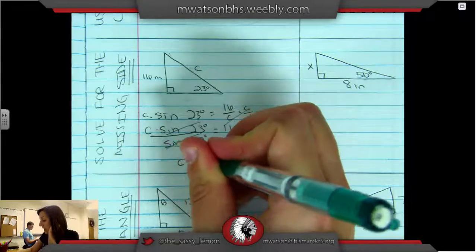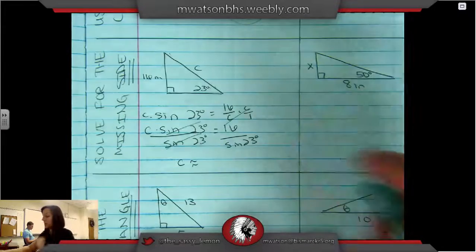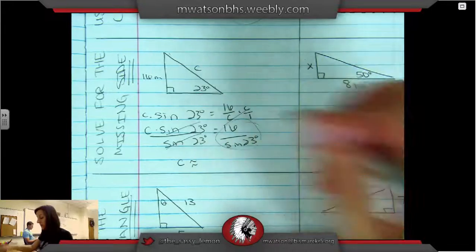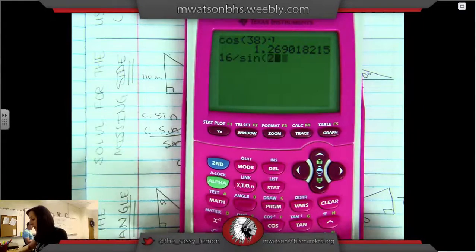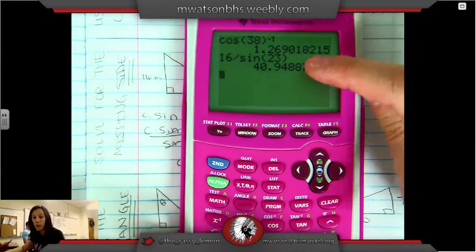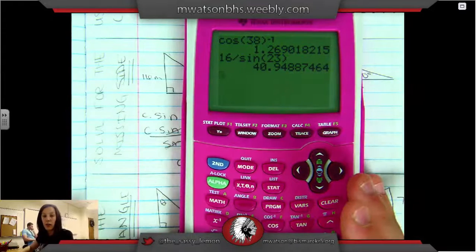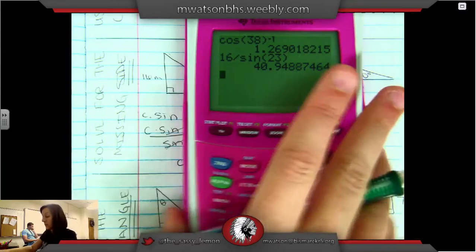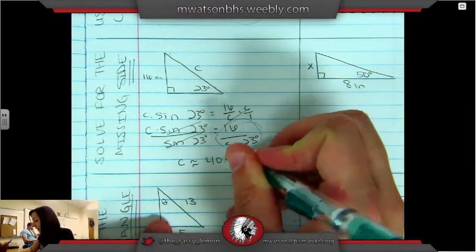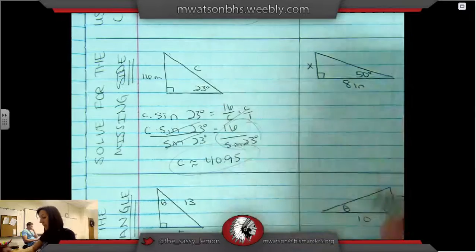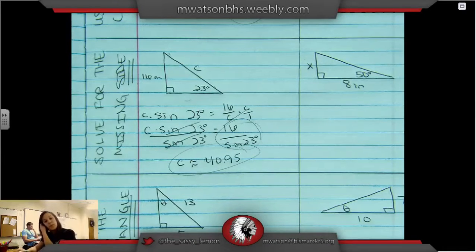And so c is approximately, I'm just going to type this in my calculator, 16 divided by sine of 23. Make sure your calculator's in degrees, and I get 40.948. So when I round to the hundredth, I'll get 40.95. That's approximately the hypotenuse.